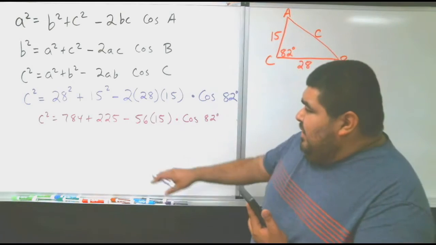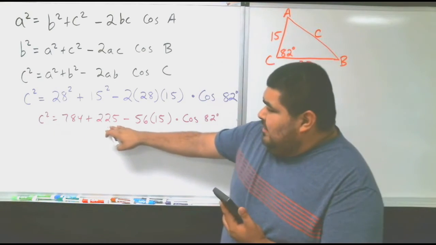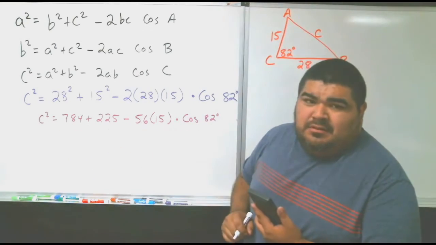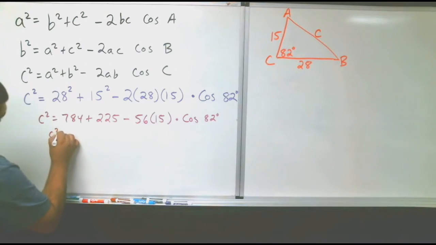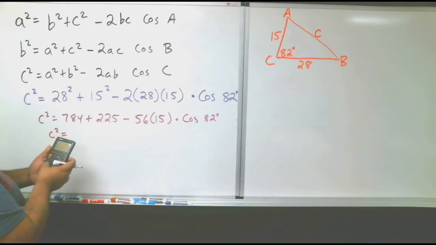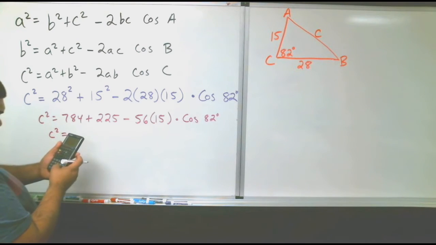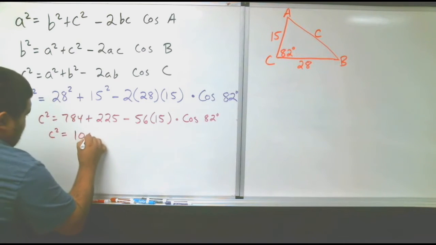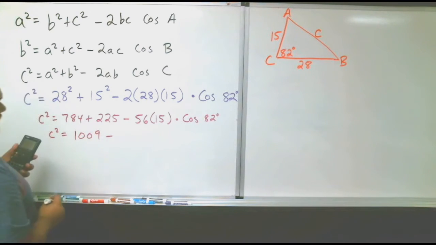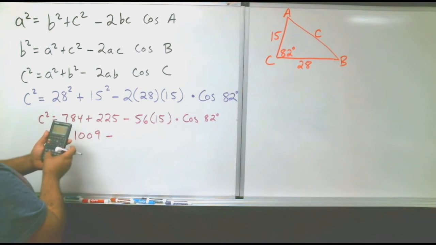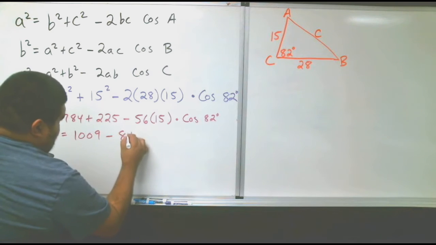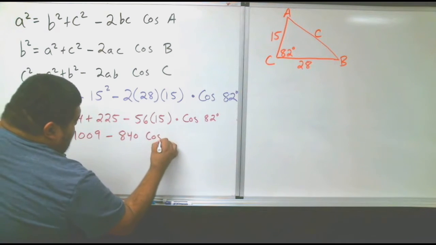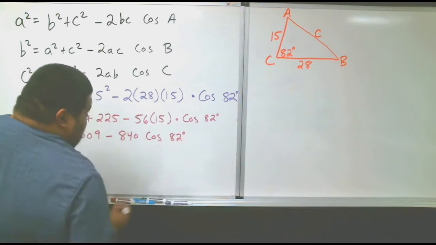Now, we can add one side. So we have c squared equals 784 plus 225 equals 1009 minus 56 times 15, which is 840, cosine of 82 degrees.